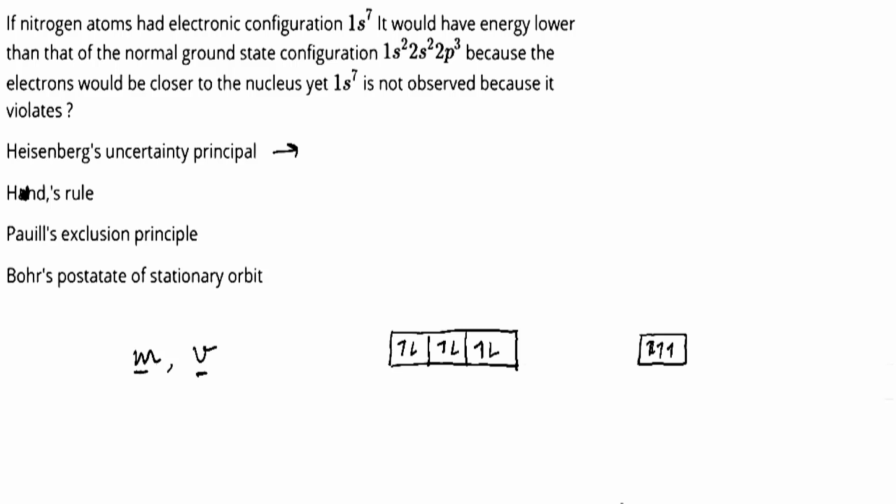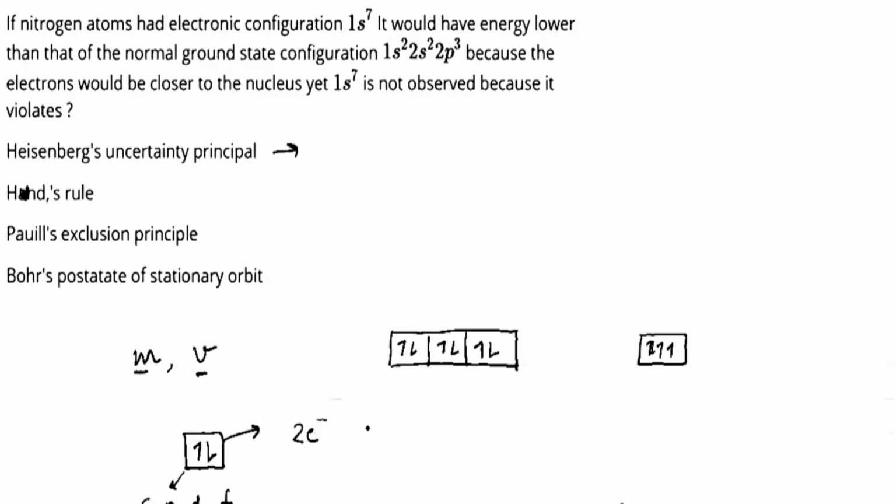What is Pauli's exclusion principle? It states that in any orbital, whether s, p, d or f, I can fill a maximum of 2 electrons and not more than that, and that too in opposite spin.